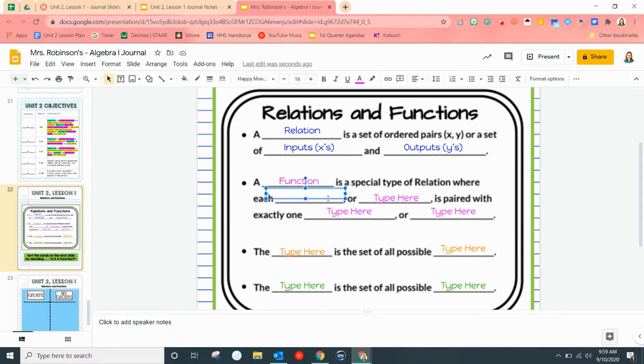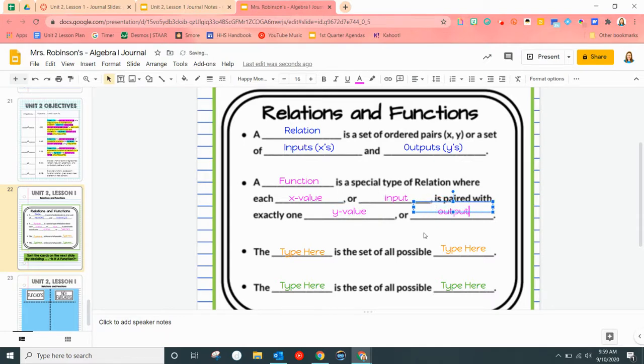But a function is a special type of relation where each x value, or what's another word for x values? Inputs, is paired with exactly one y value, or what we call output.